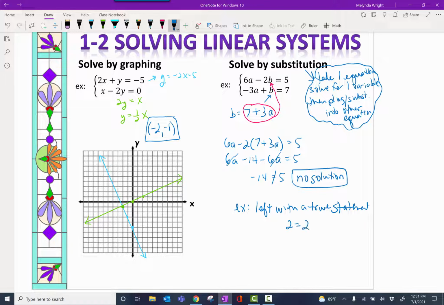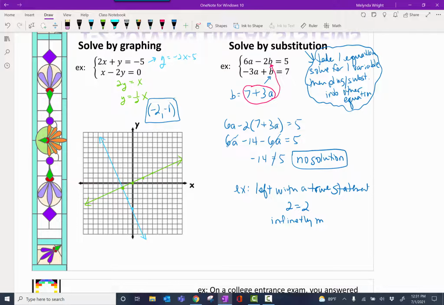I hope I spelled that right. I probably don't have it spelled right, I apologize. I'm sure many of you are way better at spelling than I am. Infinitely many solutions. That would be the other type.